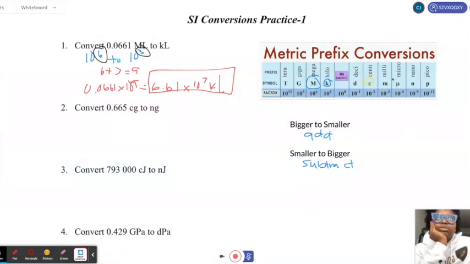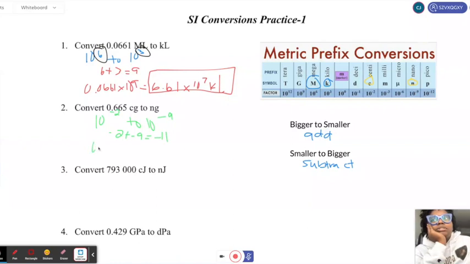centigrams to nanograms. So that means we're going from 10 to the -2 all the way to 10 to the -9. Now, what does that look like? That means we're going from a larger unit to a smaller unit, which means we're going to be adding. So -2 plus -9 gives us a grand total of -11.